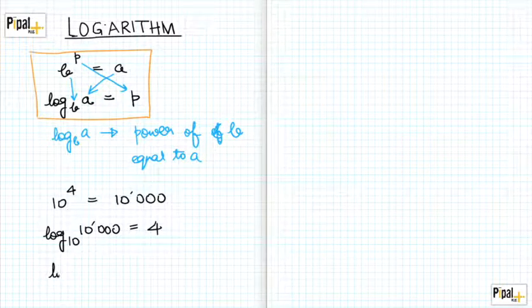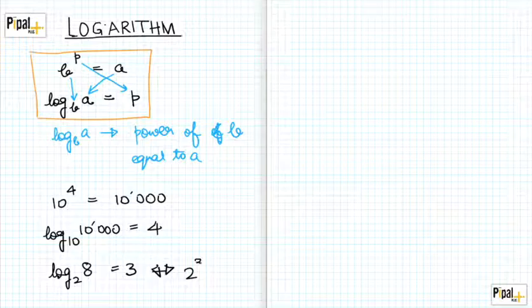Another example: if I am given log base 2 of 8 equals 3, then this is another way of writing 2 to the power 3 equals 8. So this is how you can shift between one form and the other.